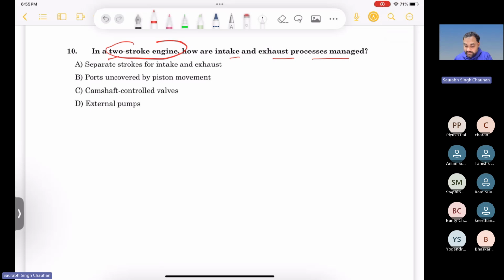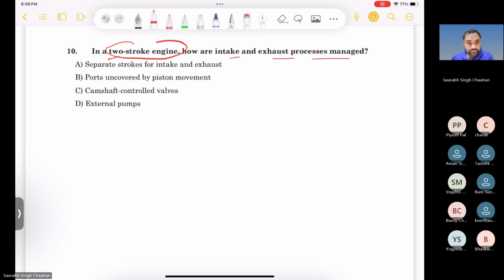Option A says separate stroke for intake and exhaust. No, because in the same stroke this process takes place, right? A lot of overlap is there. Ports uncovered by piston movement: I have already shown you the picture. There are no valves. Ports are covered and uncovered by the piston movement.